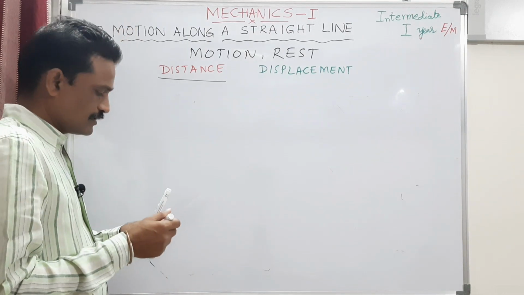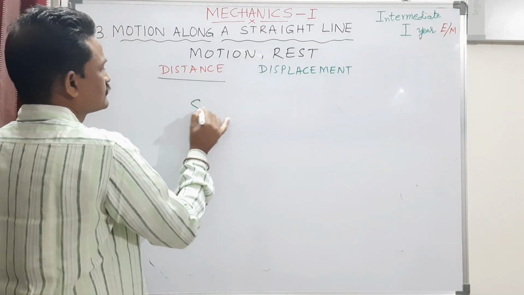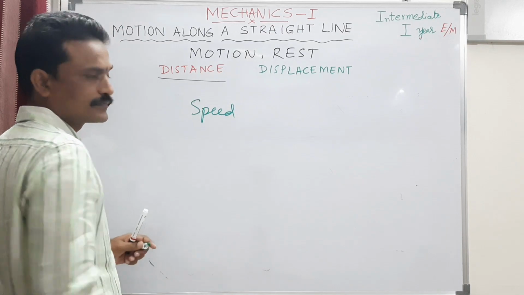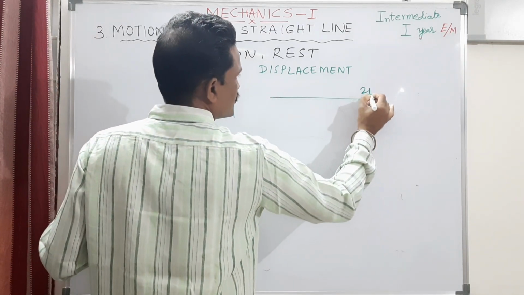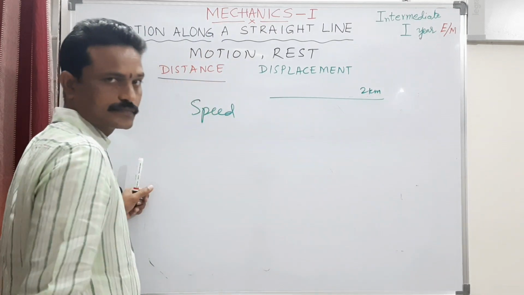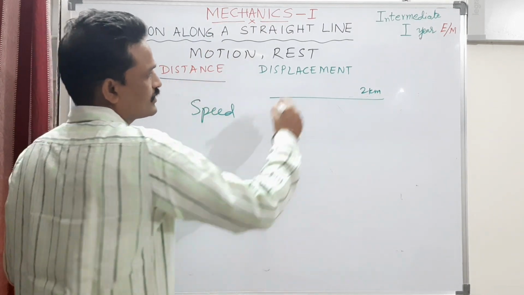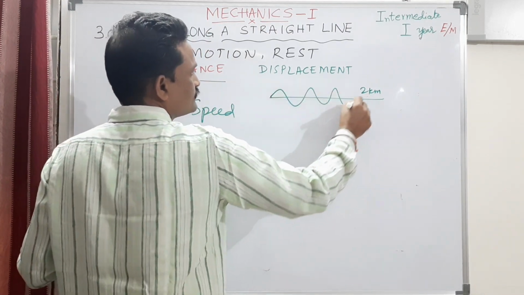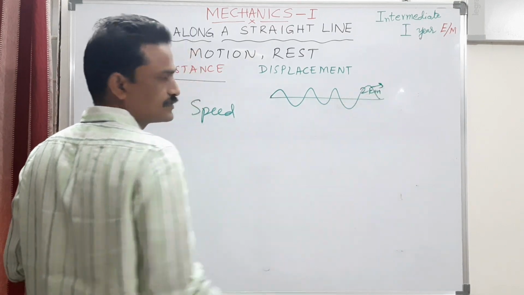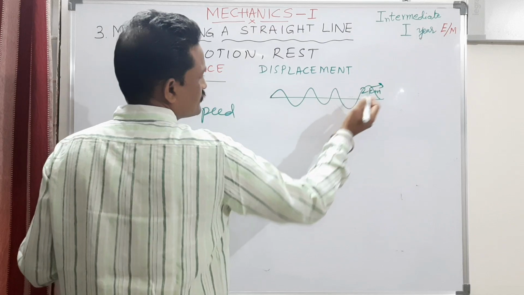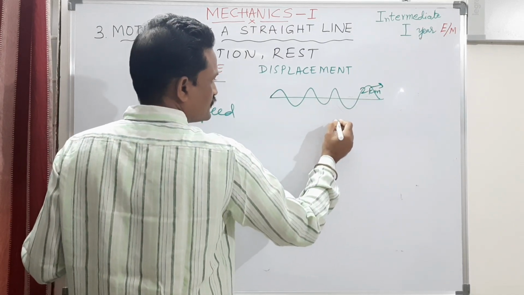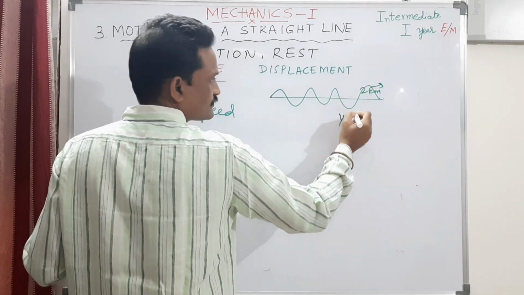What do you mean by speed? Suppose you travel for 2 kilometers, not along a straight line. This is 2 kilometers. You travel for 2 kilometers in a time period of half an hour.